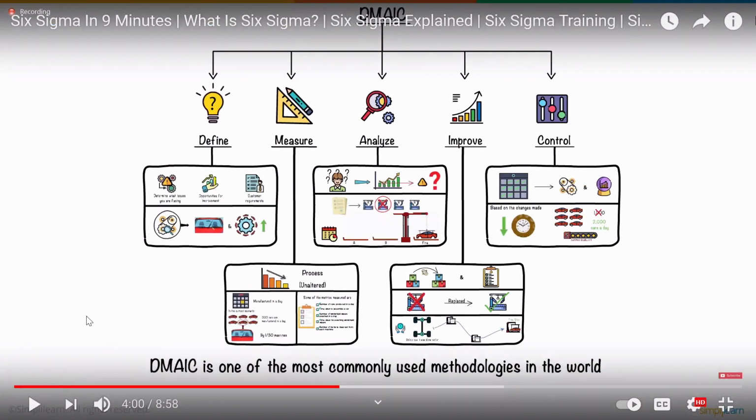Okay, this is the first methodology, DMAIC. Did you understand the example which I explained? This is an example of how to use DMAIC. Here, they consider one automobile industry where they noticed two problems.